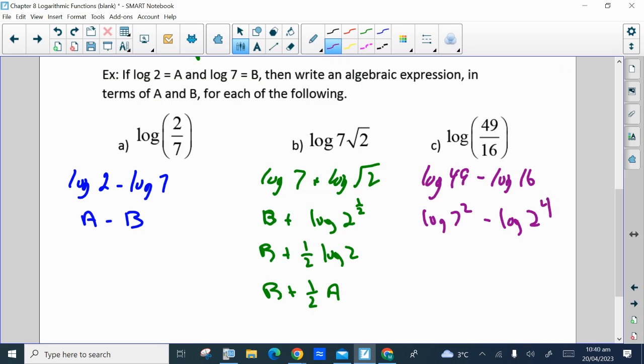So now we have log 2. But we have to bring the exponents in front as coefficients, so it's written exactly in terms of log 7 and log 2. And now we can substitute in B for log 7 and A for log 2. Now they're written in terms of A and B.